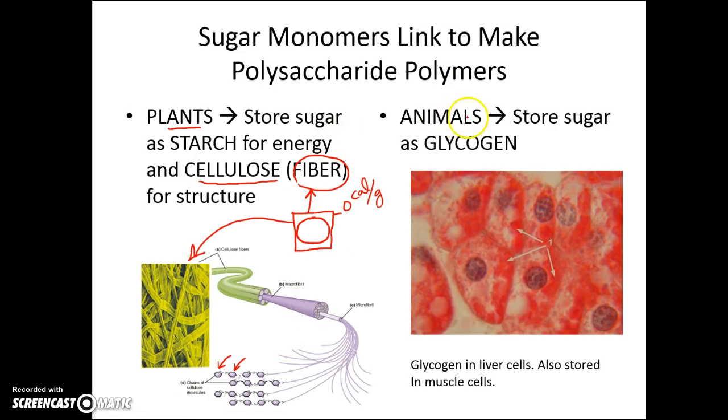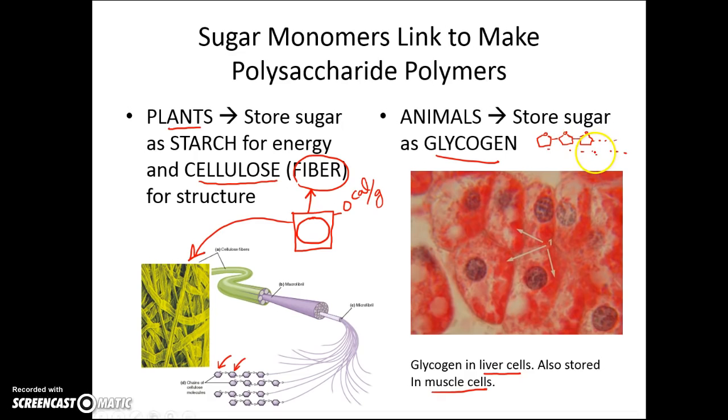Now as far as animals go, before fat is made, we take all those simple sugars and we convert them to glycogen. Glycogen is stored in our liver and in our muscles. If you want to imagine it, glycogen is sort of a long chain, just a big chain of sugars like that, and it goes on.